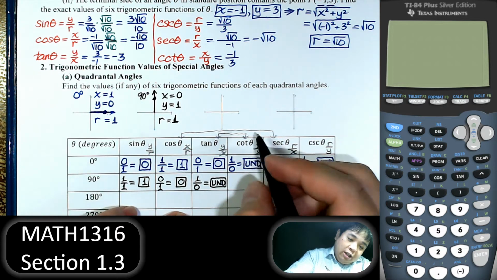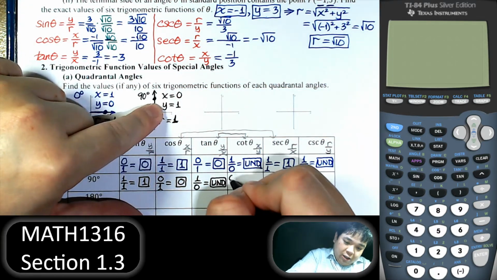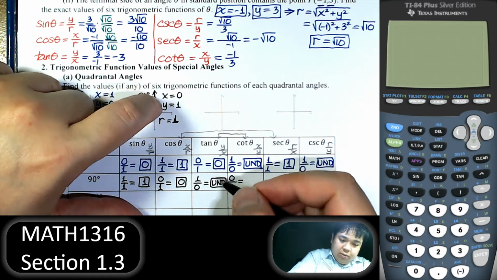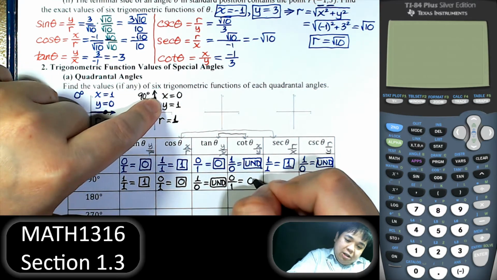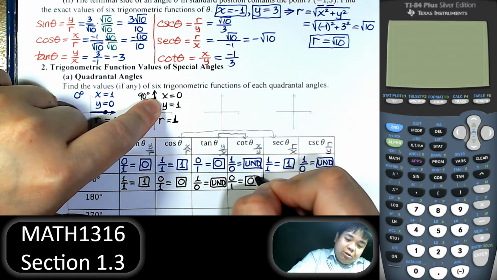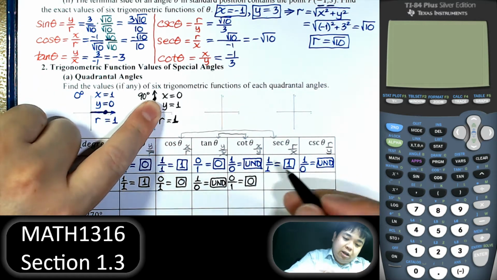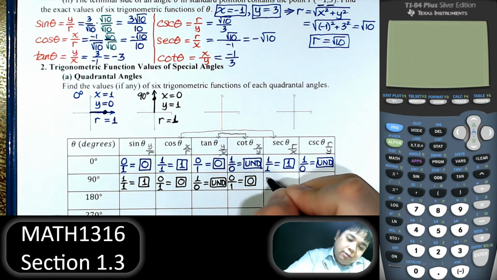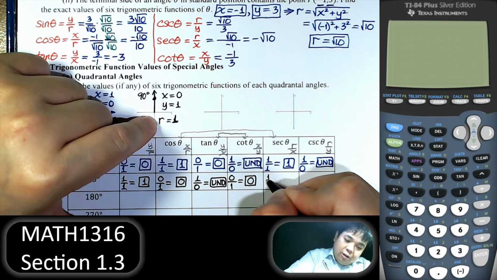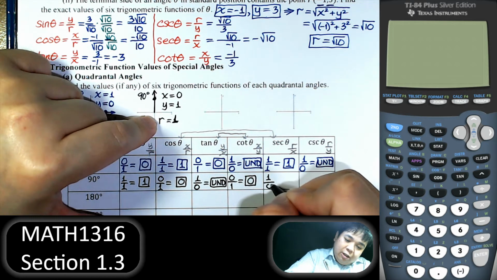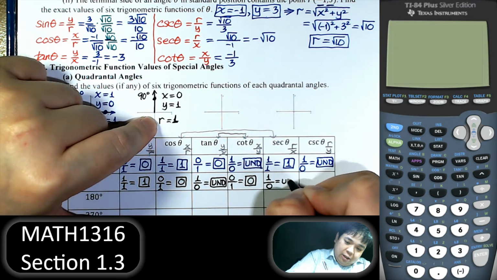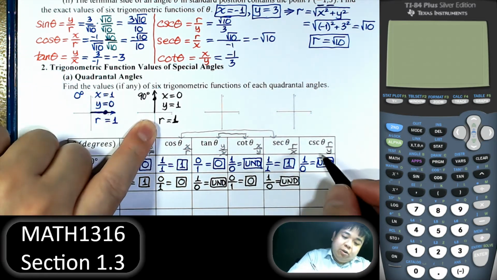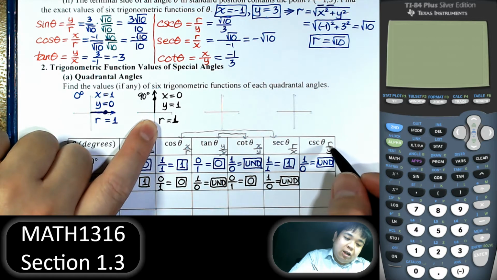X over y, x over y. Anything divided by 0, 0 divided by anything else is 0. R over x, r over x is undefined. And finally, cosecant is r over y.